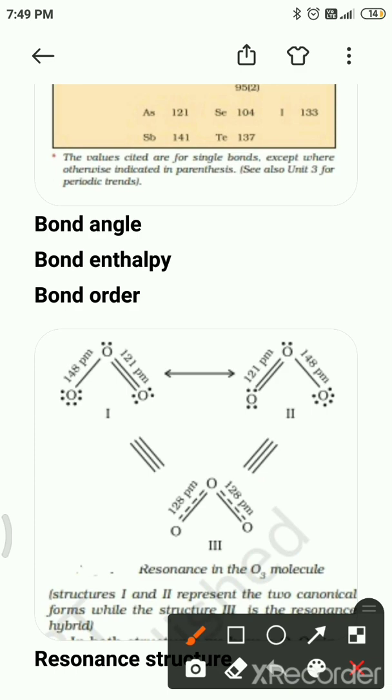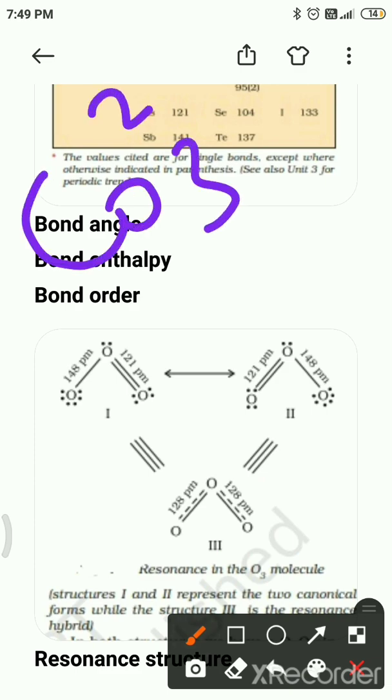With this, in this video we are going to solve two more questions. How do you explain the structure of CO3 2 minus in terms of resonance?